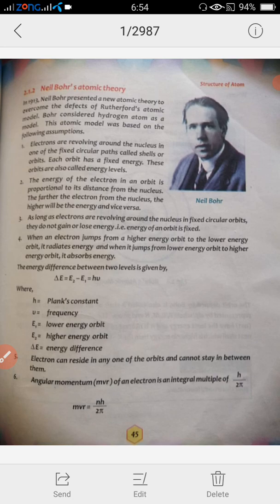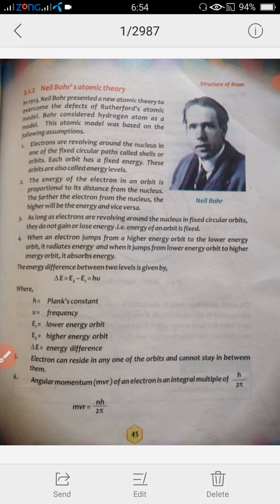This is because the nucleus has a hold on the nearer shells, and the farther shells are not under such control of the nucleus. Therefore, the shells that are further from the nucleus have more energy.